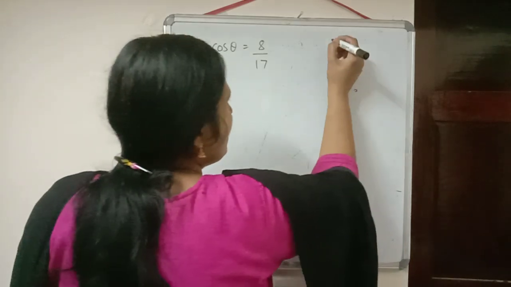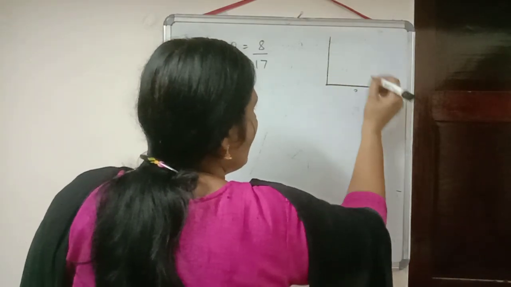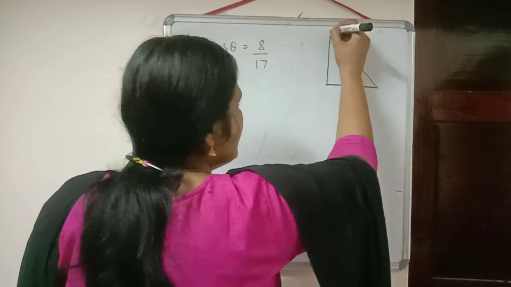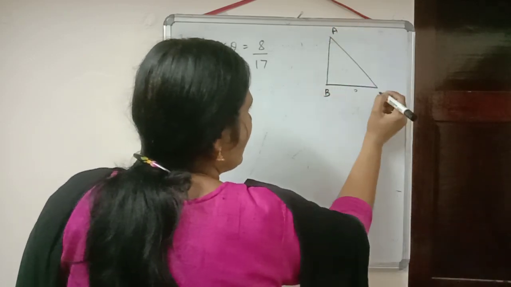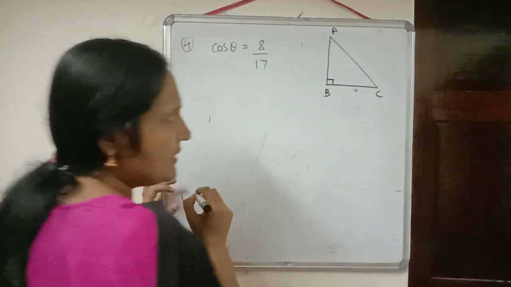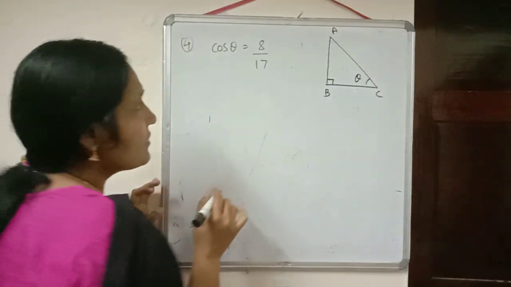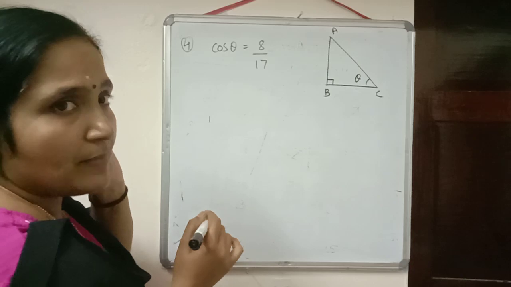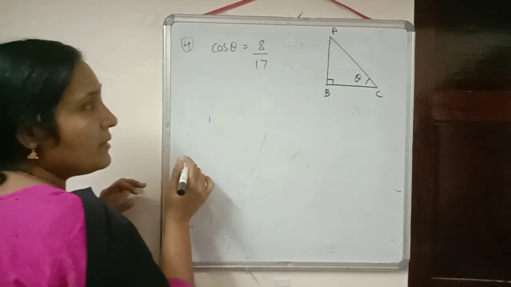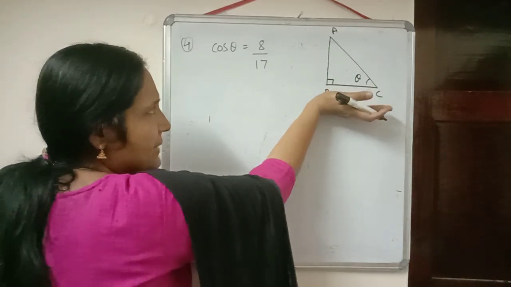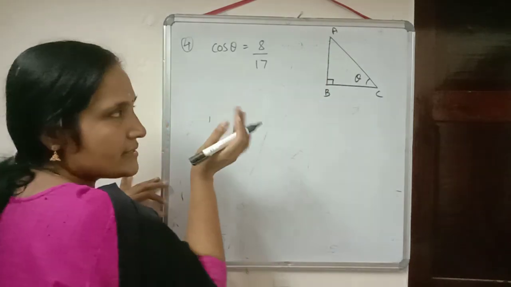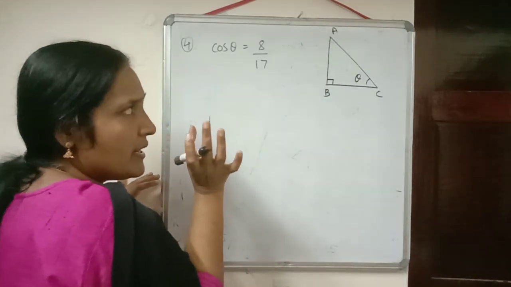So again what we will do, first we can draw a right triangle ABC. In triangle ABC, angle B is 90 degree and angle C we can mark as theta. So cos theta is equal to 8 by 17 and formula for cos theta is base by hypotenuse. This formula is just for remembering it.